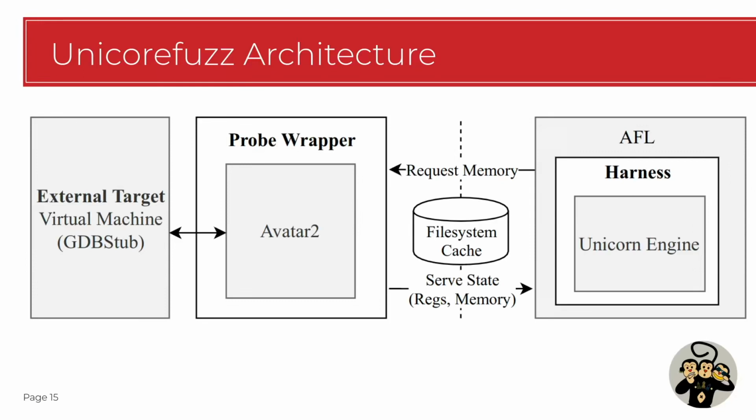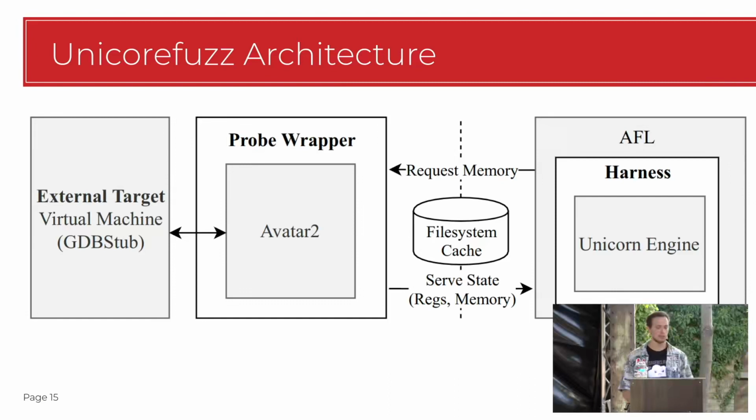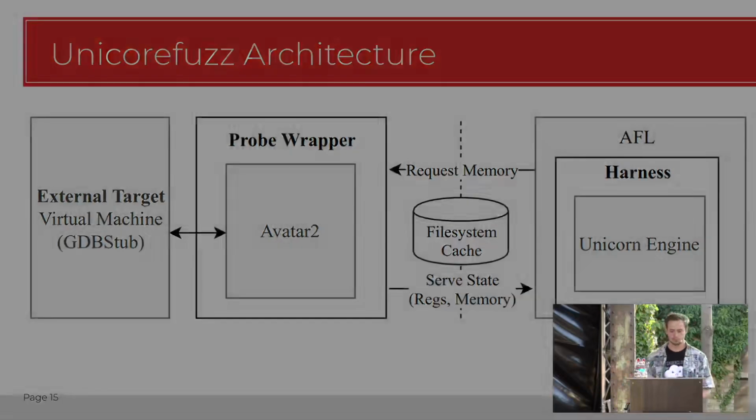Every time Unicorn finds some memory that it has not seen before, it drops a request to the probe wrapper, as we called it, that will then fetch the memory from the stub. And if it cannot fetch the memory, that means we found a page that cannot be mapped. So yay, we found a bug.